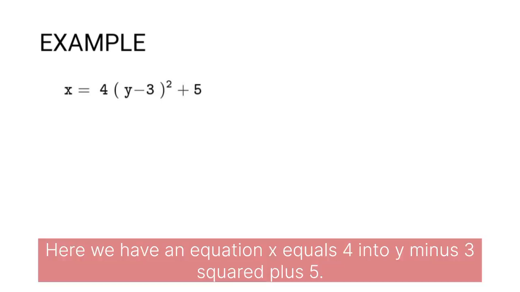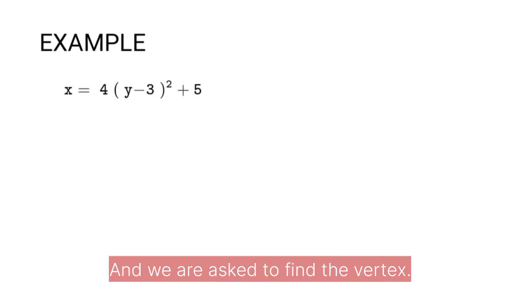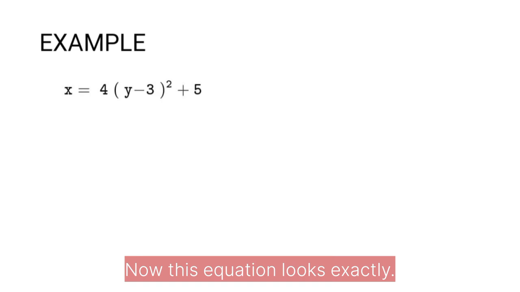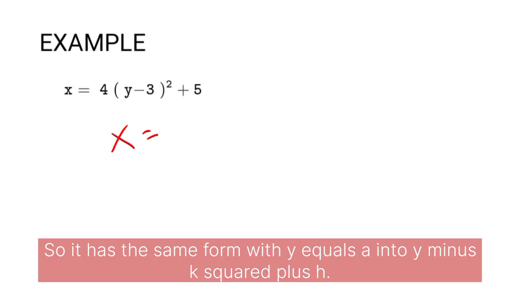Here we have an equation, x equals 4 times (y minus 3) squared plus 5, and we are asked to find the vertex. Now this equation has the same form as x equals a times (y minus k) squared plus h.